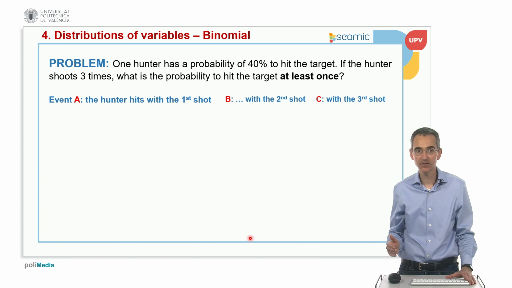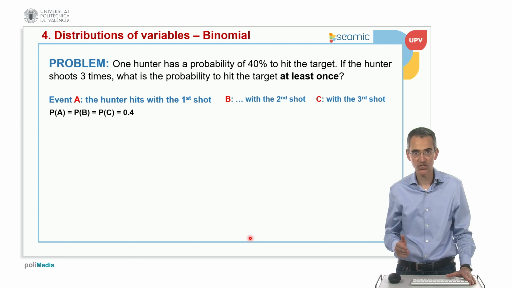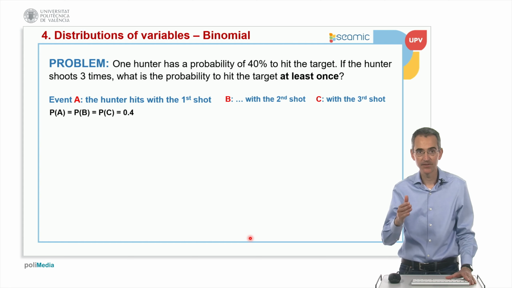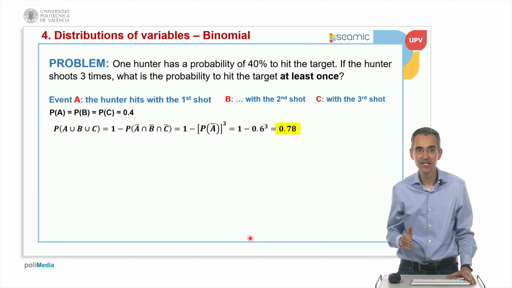We can define the second event, that the hunter hits with the second shot, and another event that he hits with the third shot. Then the probability of the 3 events would be the same, 40%. So in this case, the probability being asked is the probability of the union of the 3 events.